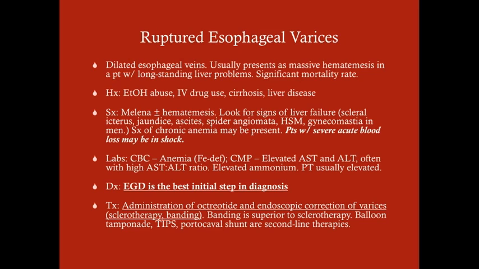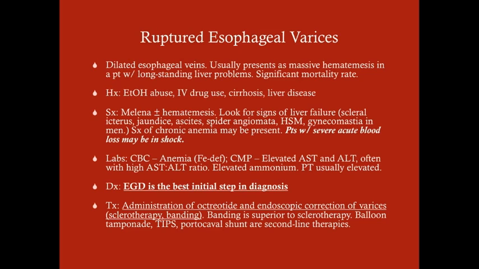So things like scleral icterus, jaundice, ascites, spider angiomata, which is one of the cutaneous manifestations of liver failure, hepatosplenomegaly, gynecomastia. Patients may have symptoms of chronic anemia, and if they have severe blood loss, they may be in shock. A lot of patients with esophageal varices will present in shock because they vomited up a lot of blood. So this is a significant emergency.